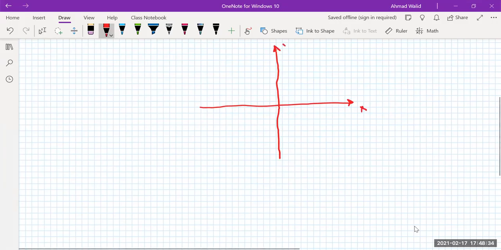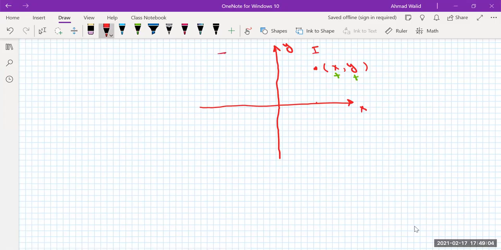Here is your x-axis. Here is your y-axis. If you have a point on quadrant 1, which has an x coordinate and will have a y coordinate. In quadrant 1, the value of x is always positive and the value of y is always positive.